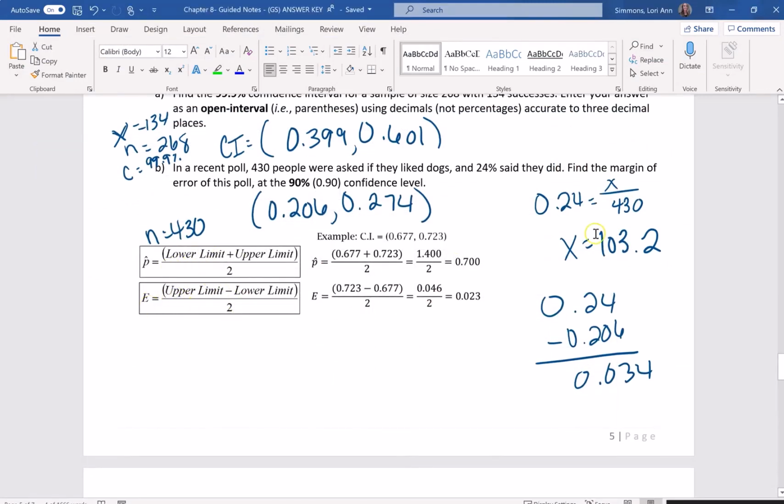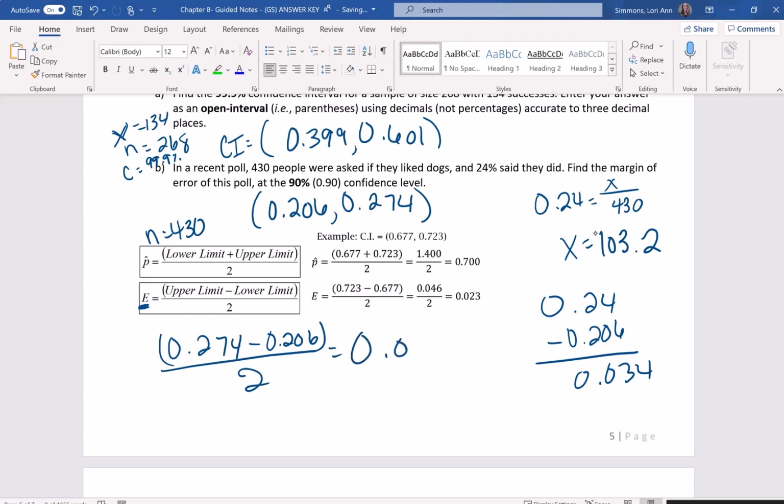The margin of error is denoted by E. You take your upper minus your lower, and then divide by 2. So when you subtract those, and then divide at the end, you get 0.034. So this is going to be the margin of error.